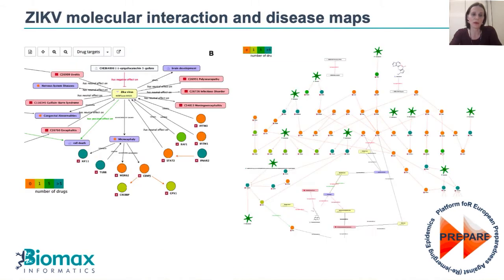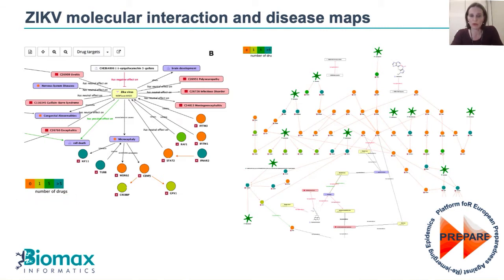And here we can see two results of this data, which are the disease maps, which represent an increasingly popular approach to organize, curate, and explore the ever-expanding disease expertise. Here we have a Zika virus map where we have Zika at the center associated with different diseases, here with some host factors, and we have also a color code representing the amount of drugs associated with a gene of interest.